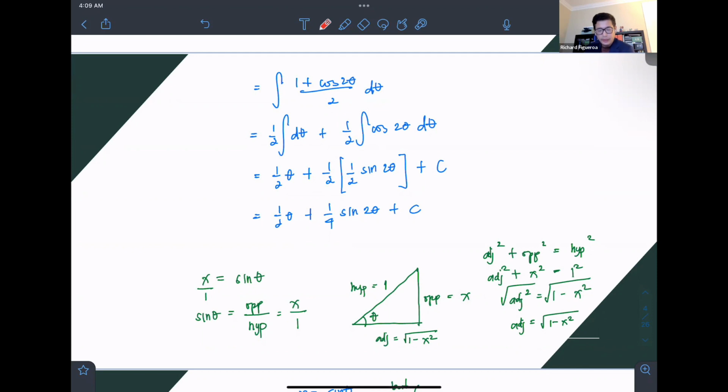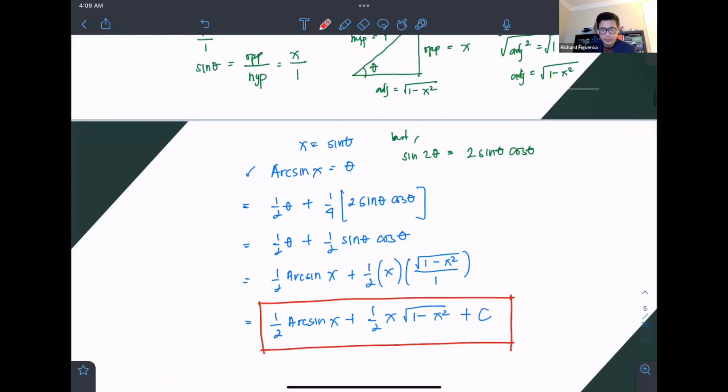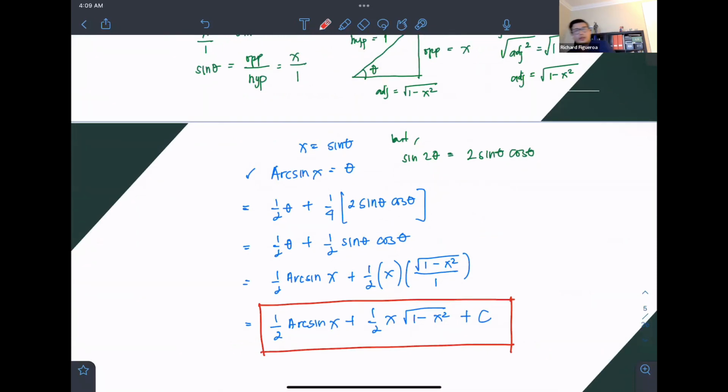To do that, we go back to our assumption and draw the right triangle. Using the right triangle, we will be able to transform the answer, going back to the algebraic function. That is our first example.